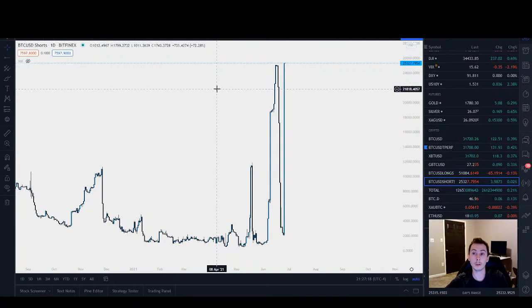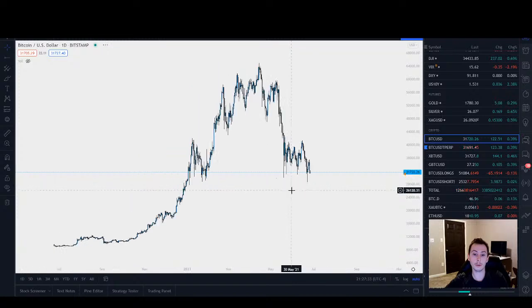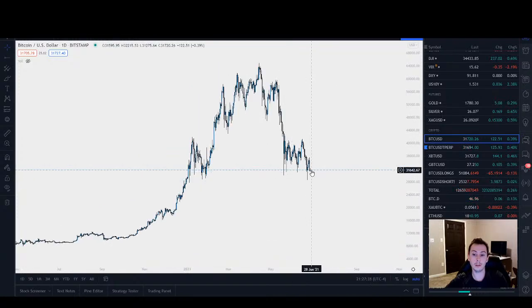So if you borrow 10 Bitcoins, sell them, then buy back at a lower price, you might be able to buy back 20 Bitcoins with the money you made selling at the earlier price.